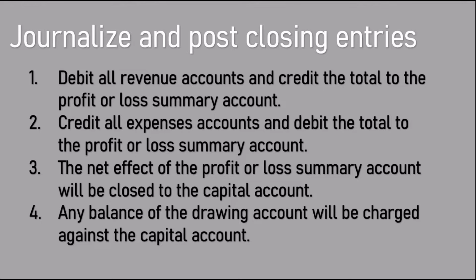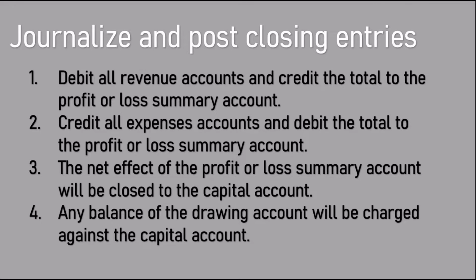So in order for us to make it zero, we will make a reversal of it. So revenues are normally credited, so in closing entries, revenues are debited. And then we will be using a temporary valuation account, which is the profit or loss summary account. You can also call that account income summary if you want to make it easier, okay?